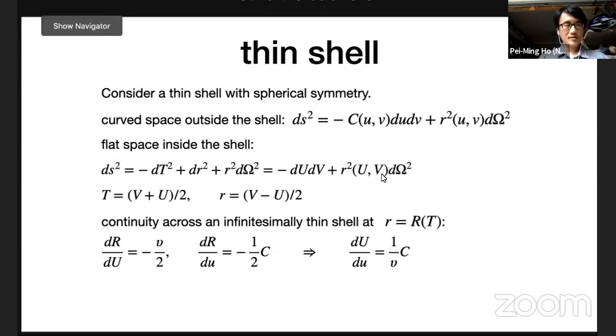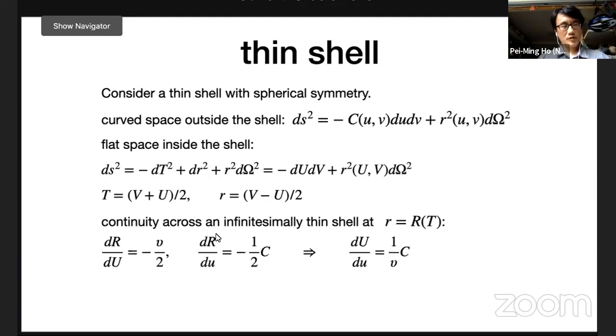So you can use the continuity condition for the area radius. The area radius of the shell is denoted as capital R. From the viewpoint of the internal space inside the shell, the area radius is just the usual radius, so it has a certain shrinking velocity.